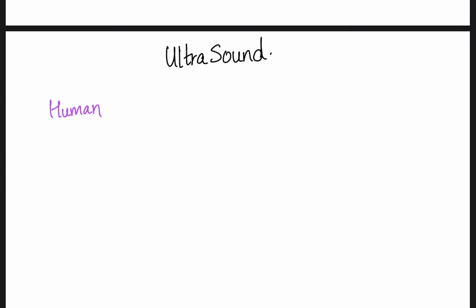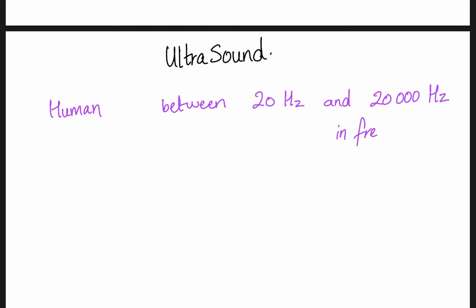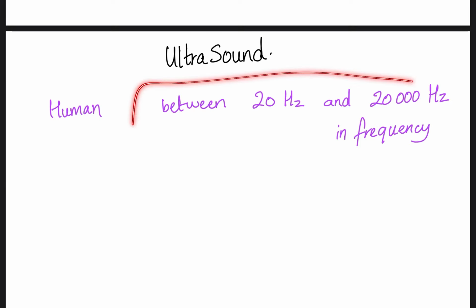Humans can hear sound between 20 hertz and 20,000 hertz in frequency. This is the hearing range for humans.